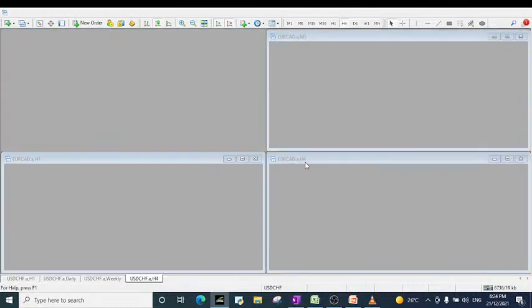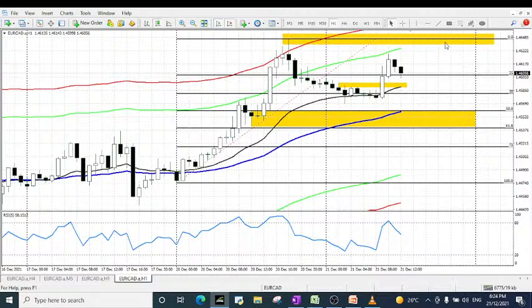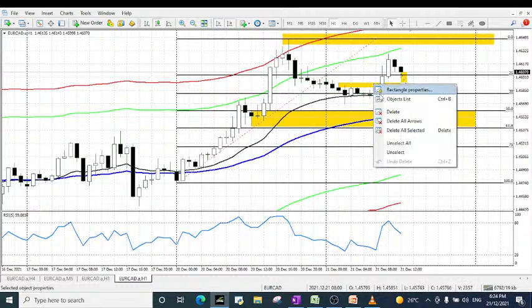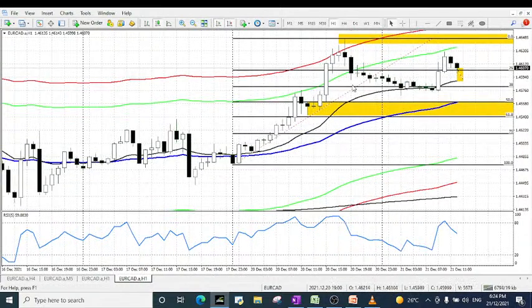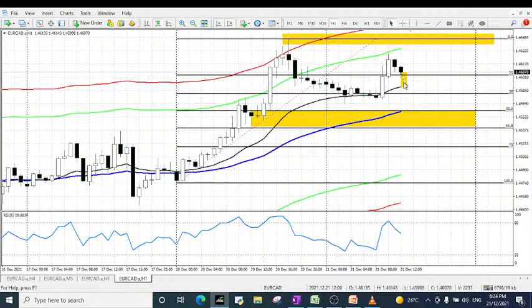So EuroCAD, what I'm looking for now is to see if price will come down, maybe form some kind of support, maybe come down like this. Hopefully the next candle comes down, but a small candle showing a loss of momentum.